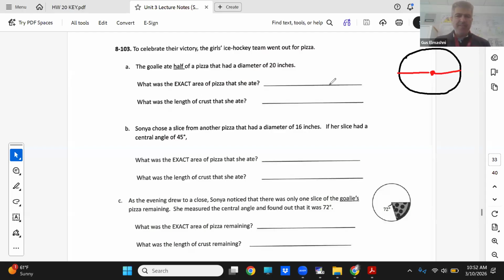First off, what's the diameter of the pizza? So what's the radius? Good. And then let's shade the part that she ate. She ate all this, right?